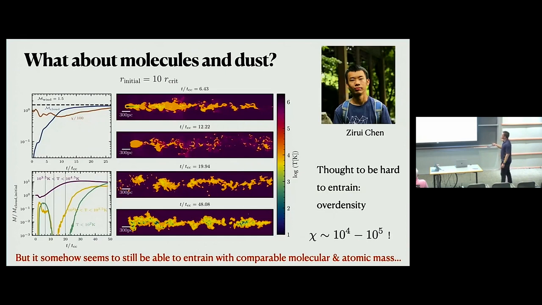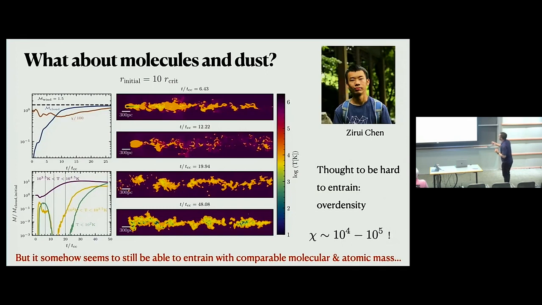So this is the Mach number of the cloud, right? And it approaches the Mach number of the wind, meaning that it entrains. And more interestingly, the effective overdensity of the cloud is not 10 to the 4 or 10 to the 5, but it's like that of an atomic cloud. It's about 100.